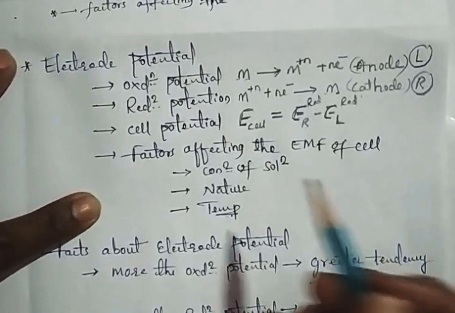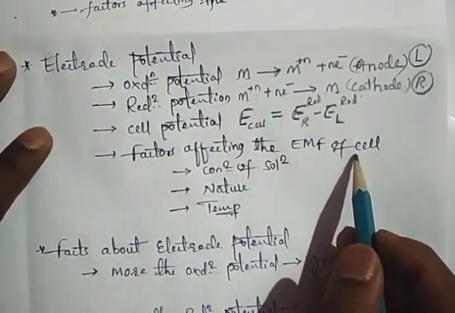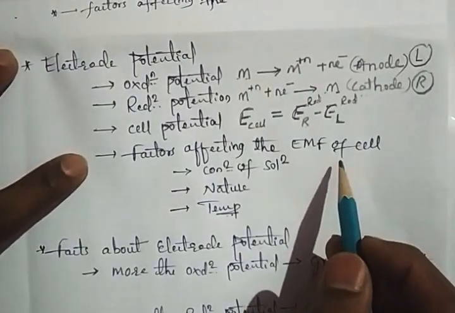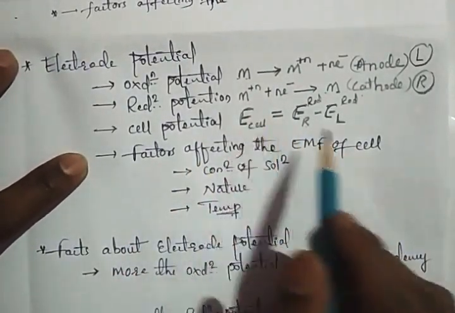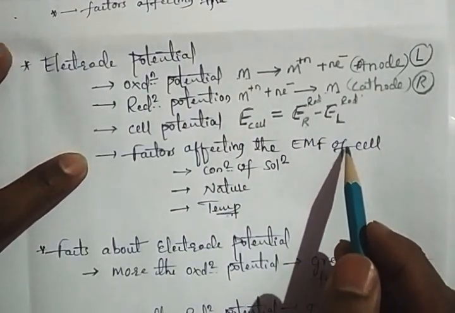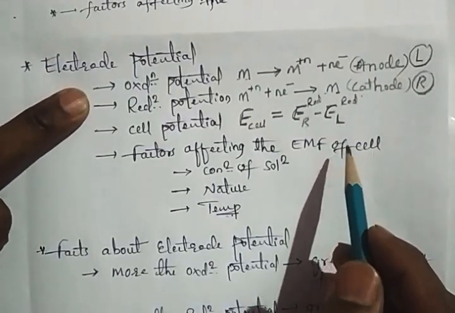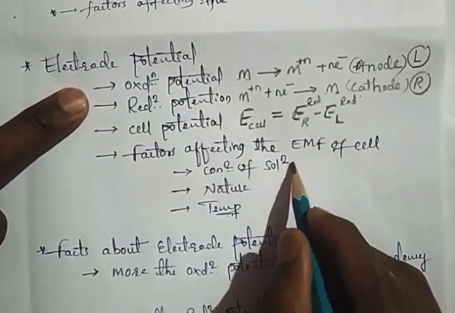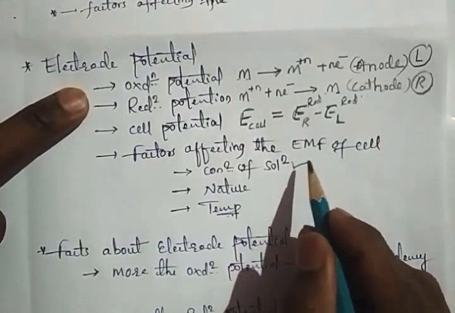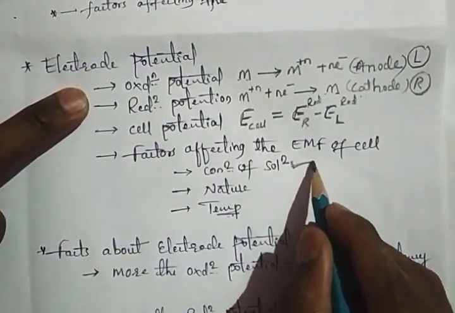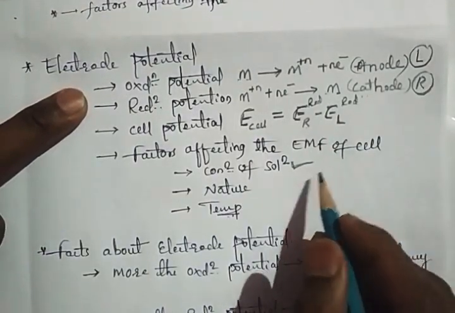We also studied some of the factors affecting the EMF of the cell. If not, you can note down the factors affecting the EMF of the cell, that means the cell potential, or even the electrode potential. It depends on the concentration of the electrolytic solution, whether it is less or more concentrated: 1 molar, 2 molar, 10 molar, 0.1 molar, or some X molar.